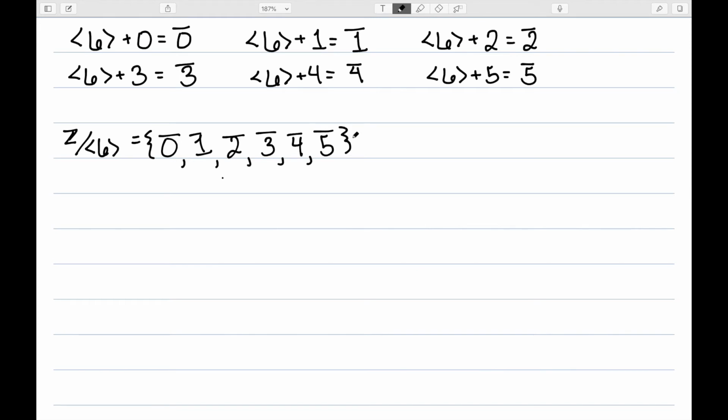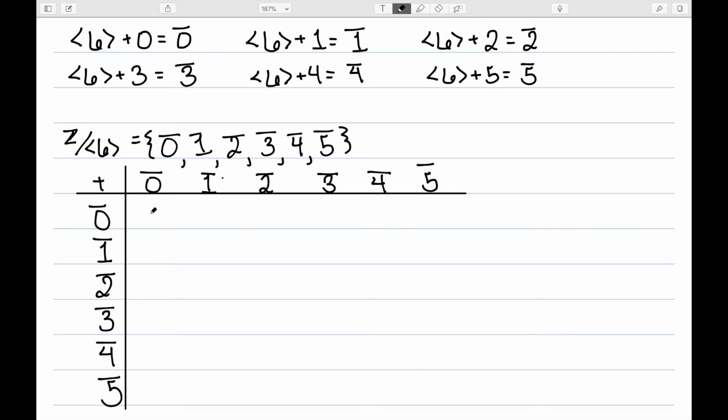And not only that, I can actually build a group table to go along with these. As I'm building this, adding 0 is my identity. So that doesn't change anything, and I can go ahead and fill in both that row and that column pretty easily. And then I have to remember the way these cosets work. 1 plus 1 means I just add the elements that I'm adding.